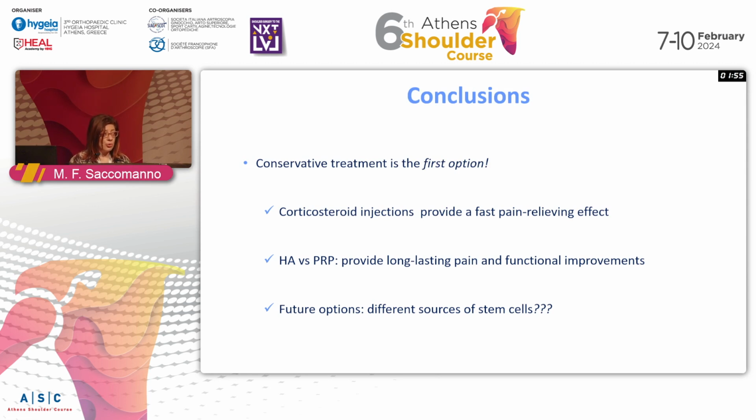There is no big difference in pain control and functional outcome when we compare hyaluronic acid and PRP, but for sure there are differences in costs. Future options are interesting, especially if there is the possibility to heal this kind of lesion, especially the degenerative one or the traumatic one, using a sort of biologic augmentation.